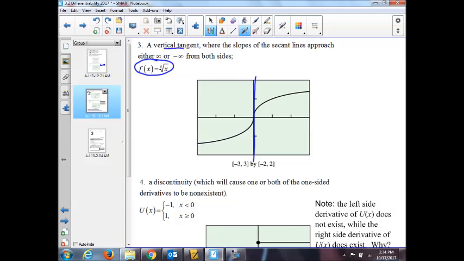So if you have a vertical tangent line, that's an infinite slope, either positive or negative infinity from both sides. That means it doesn't exist. Remember, infinity or negative infinity is not a number, but it's the same as undefined, only more descriptive. So if you could put down positive or negative infinity, you do that because it just describes your undefined answer a little better.